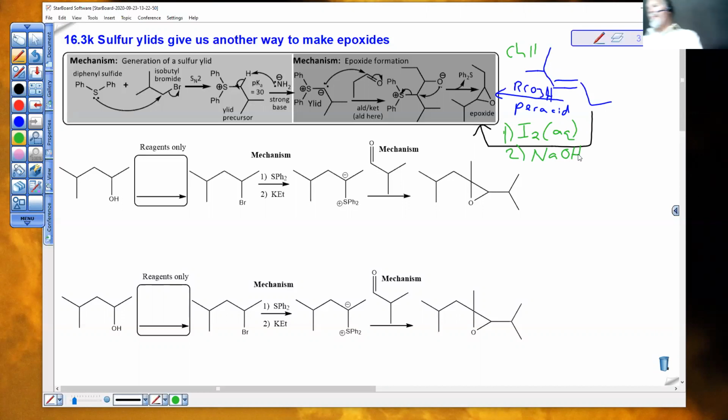When we do our mechanism, I'm going to use our new system of saying, okay, if I did this in the first step, attacked the carbonyl and generated an O-, and then in the next step, the O- attacks the backside of the carbon with the leaving group, I should be able to combine these 2 steps because this O has a lone pair already.